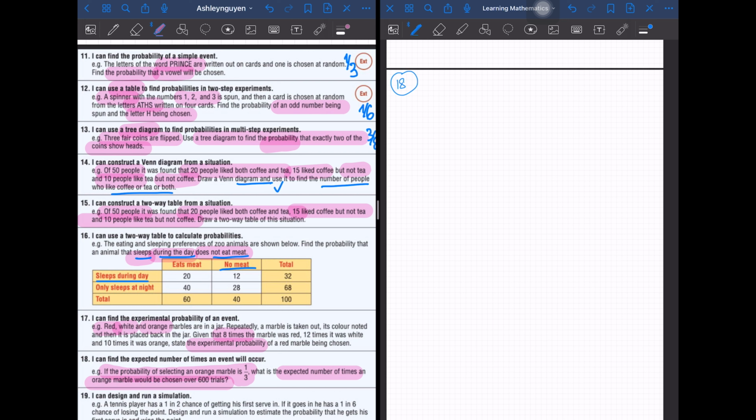So we have one formula: expected number of occurrences equals probability multiplied by number of trials. So the expected number of O-rings occurring equals the probability of an O-ring, 1/3, multiplied by the number of trials, 600.